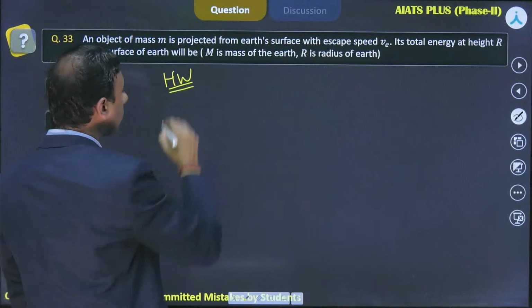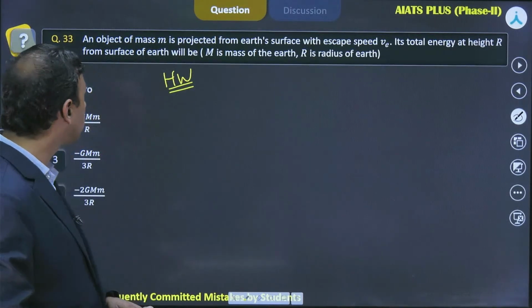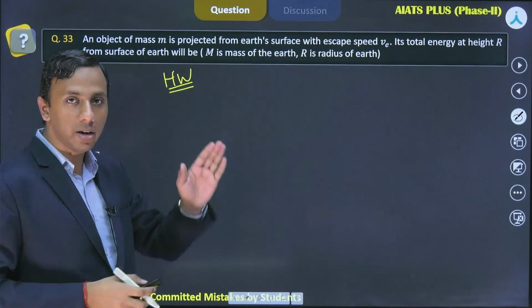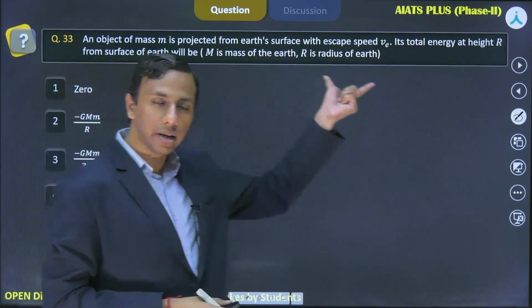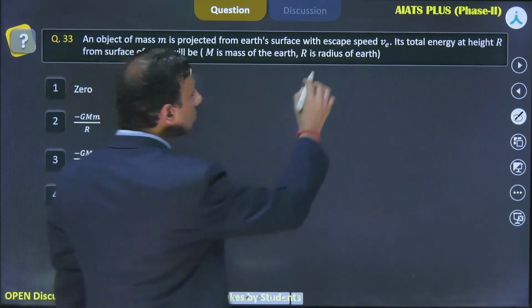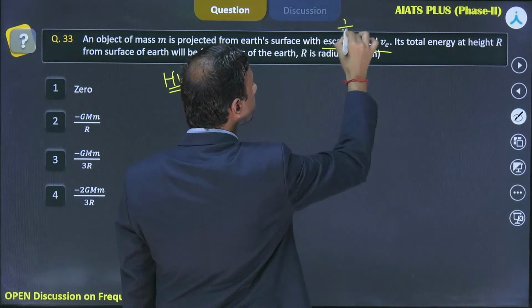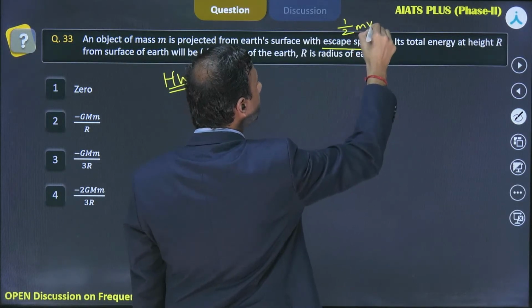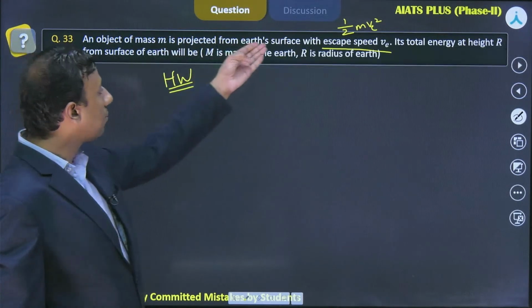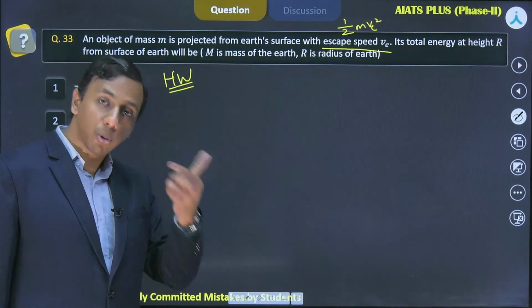Let me just explain a few tidbits about this question, which is very similar, by the way. It's projected from Earth's surface with speed V_E, which means it will have a kinetic energy of half m v square. And they have also said it is projected from the Earth's surface, so it will have a potential energy also.